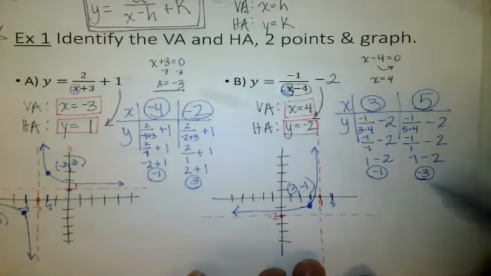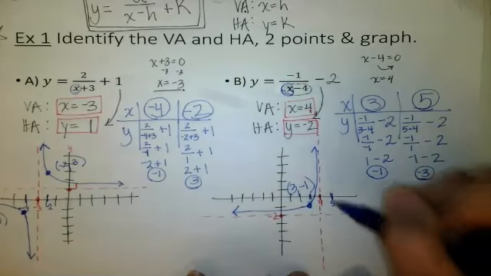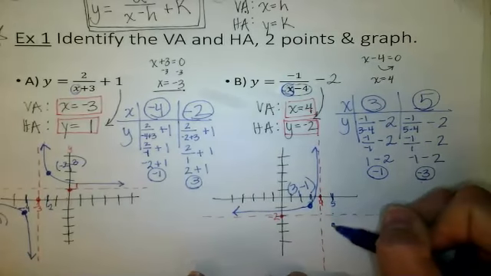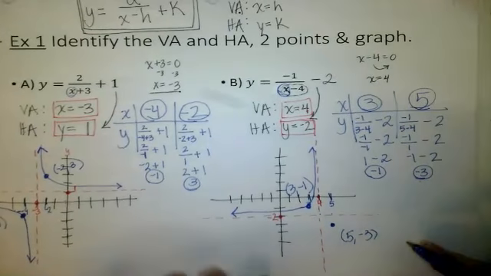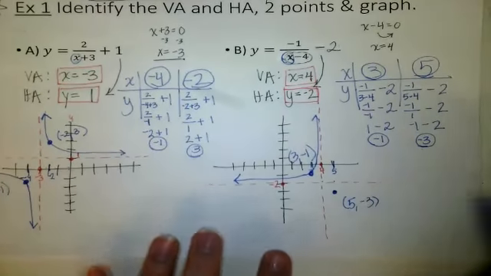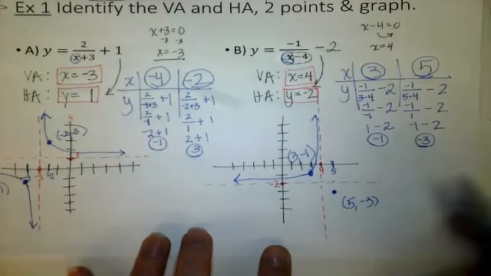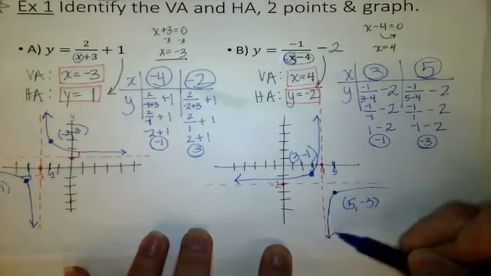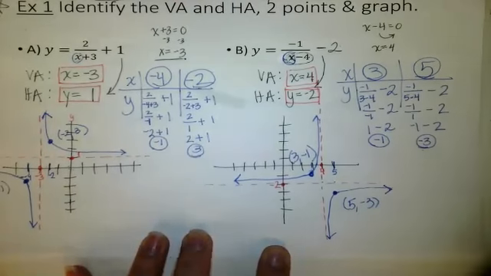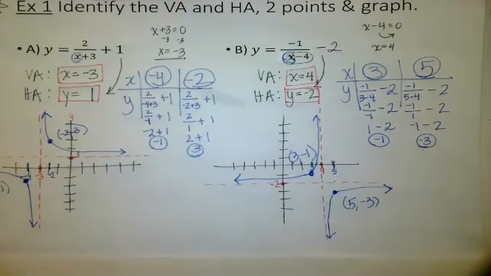So we have the ordered pair 5, negative 3. 5, negative 1, negative 2, negative 3. Right here, I'm going to label it 5, negative 3. And again, you see your L shape. We need to mimic that L shape. Just round it off at the corners. You cannot cross and you cannot touch those dotted lines. You're rounding the corners. Okay?